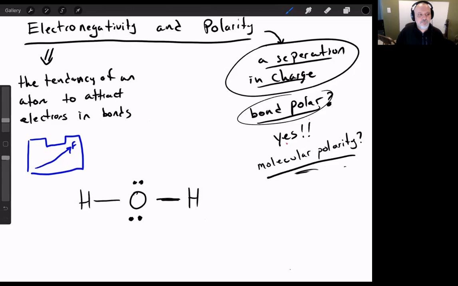Is the molecule completely symmetrical? Is everything around the central atom exactly the same?